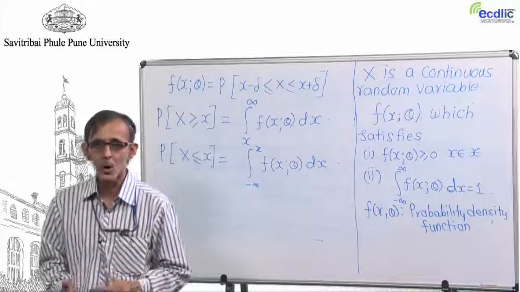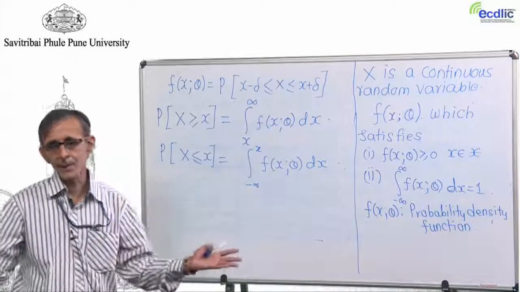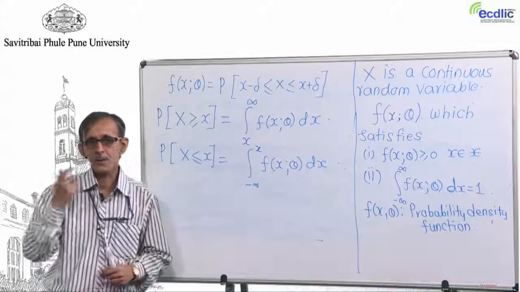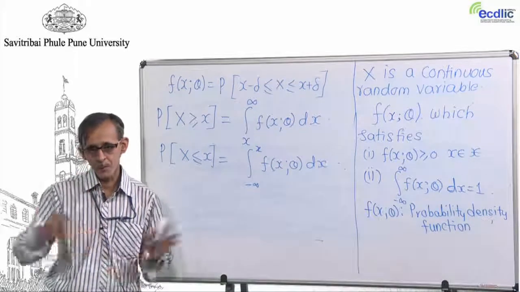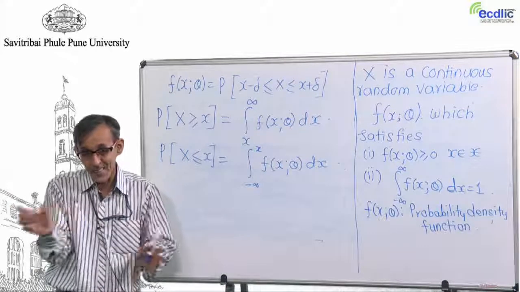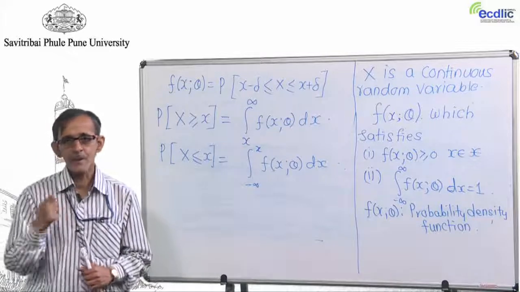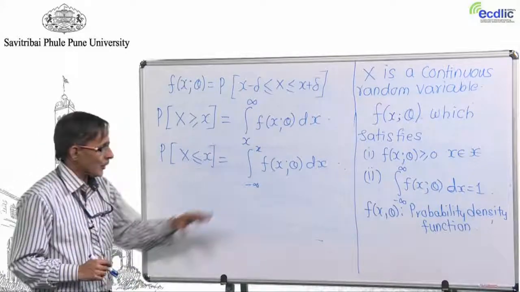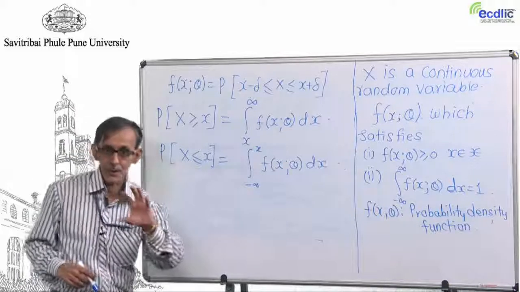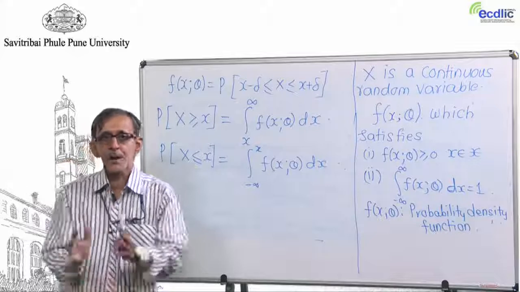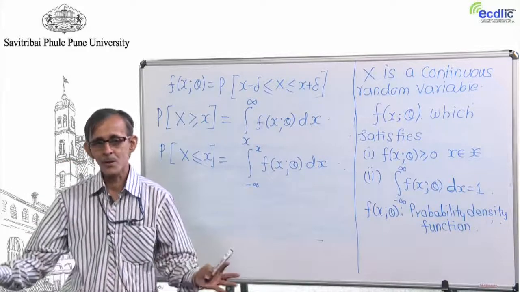You have to choose the model. Given the data, you have to choose the model which gives you these quantities, the probability of a range a to b. That's what the basic idea over there is. And so, the real aspect of what we are trying to do now is to identify this model given the data points.